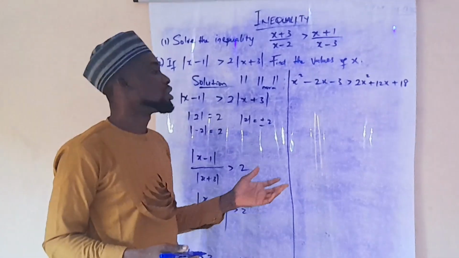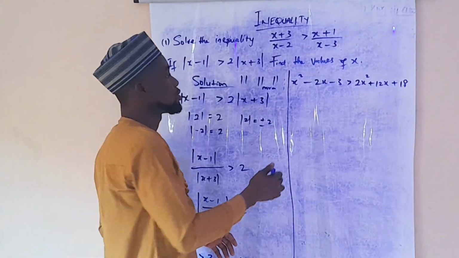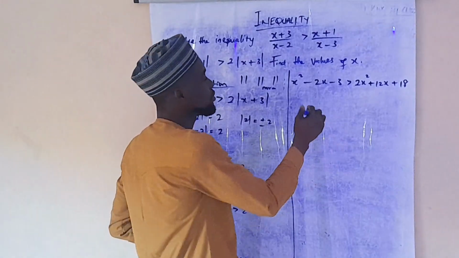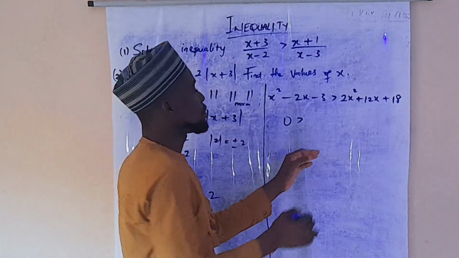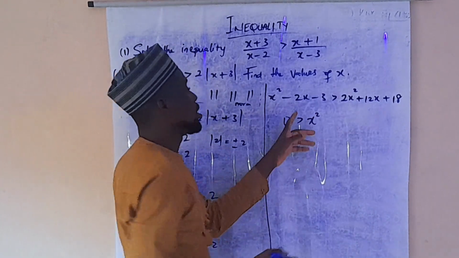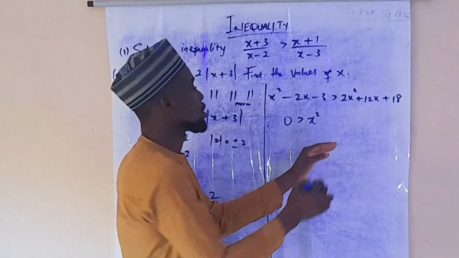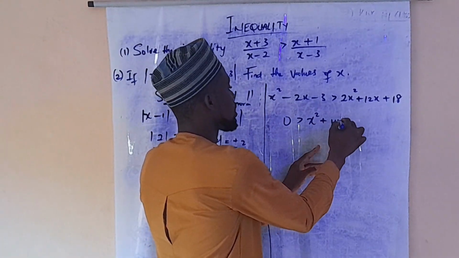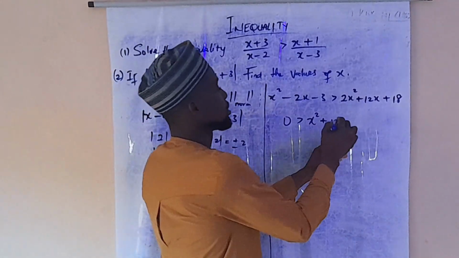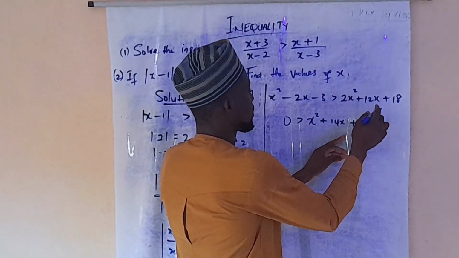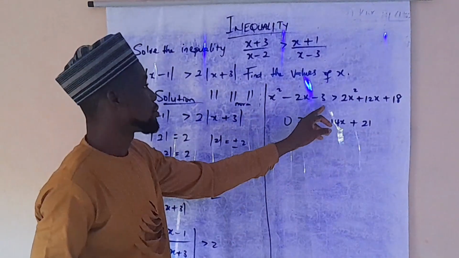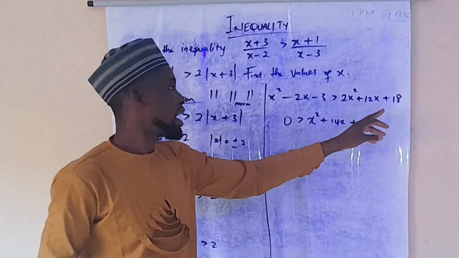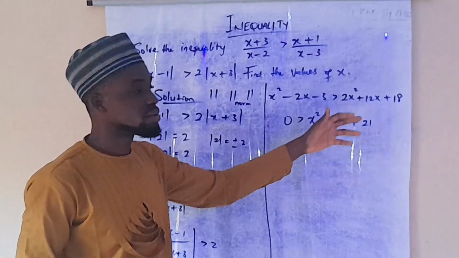So, what do I now do? Let's bring everything to the left or to the right. Taking everything to the right, I would have 0 to be greater than x squared plus 14x plus 21, since minus 3 comes here as positive and adds up with 18 to become positive.